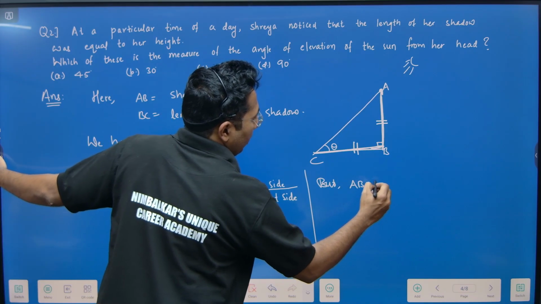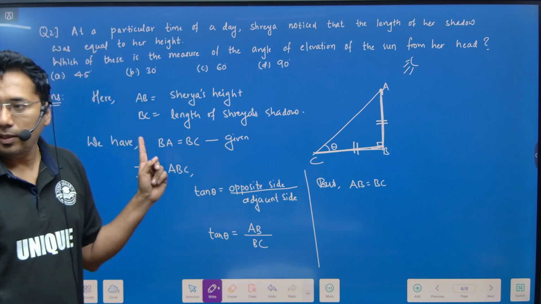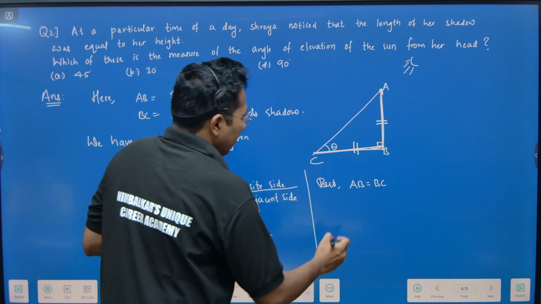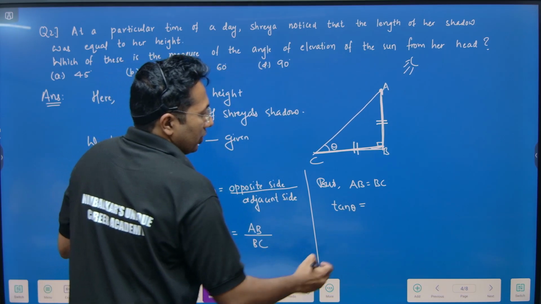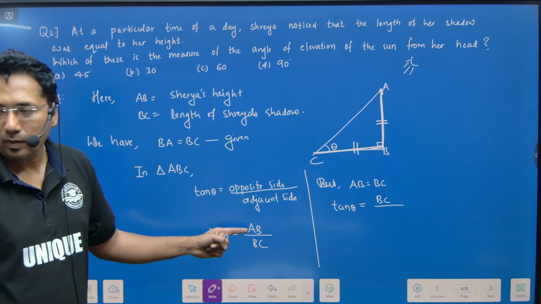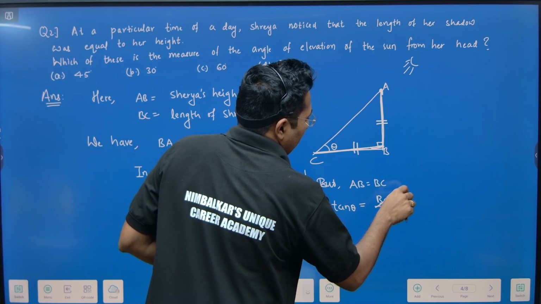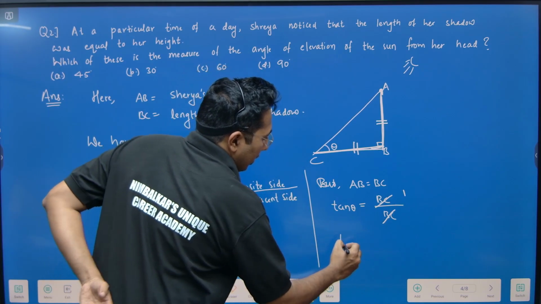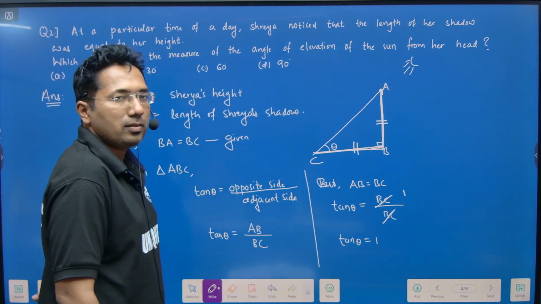AB and BC are alike according to the question. Tan theta will be, in place of AB, may I write BC? Because AB is equal to BC. What will I get? 1. Tan theta is equal to 1.